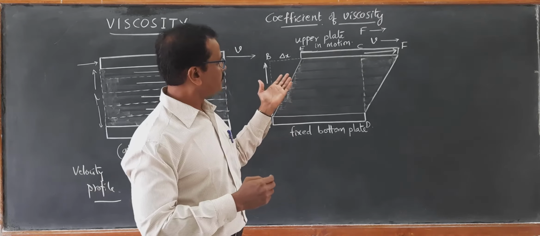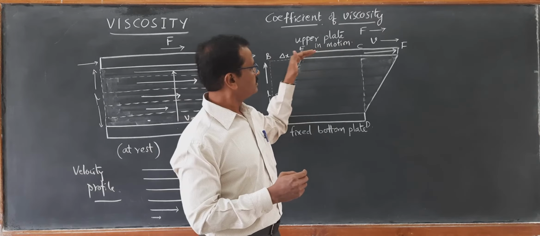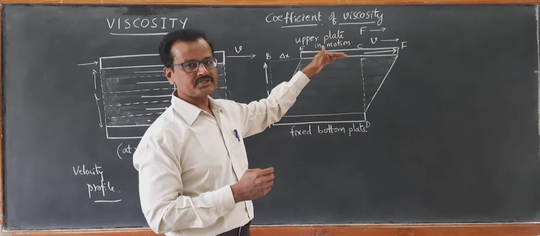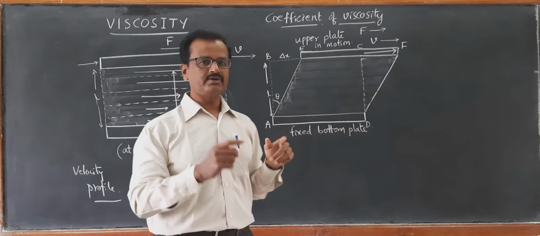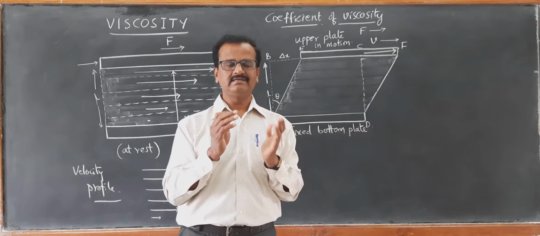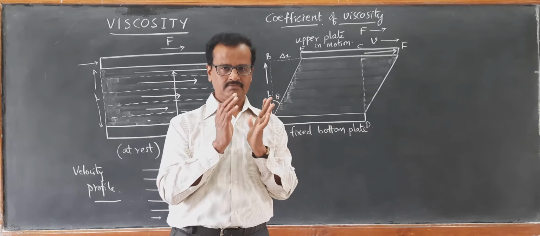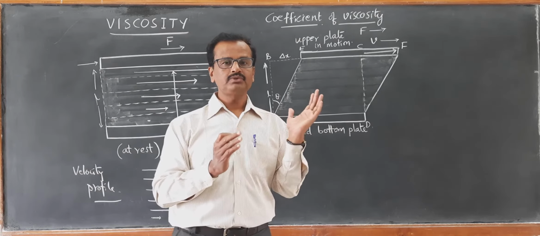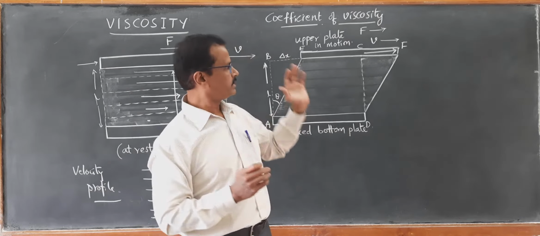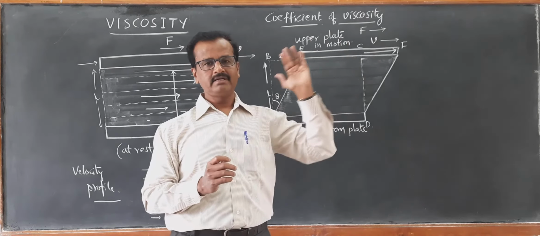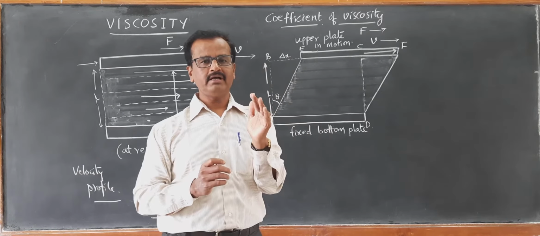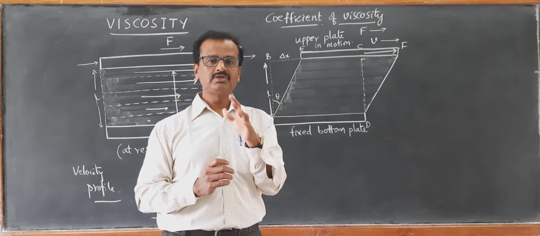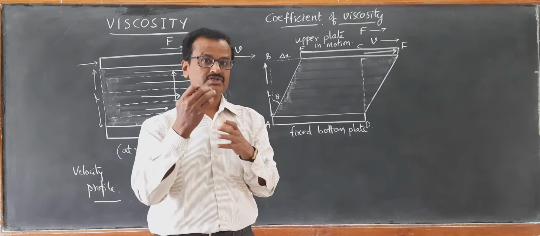So we apply the relation between shear stress and shear strain. As we have discussed earlier, shear stress is the restoring force per unit area due to change in shape. When a tangential force is applied, the tangential force per unit area is the shear stress, which tends to change the shape.